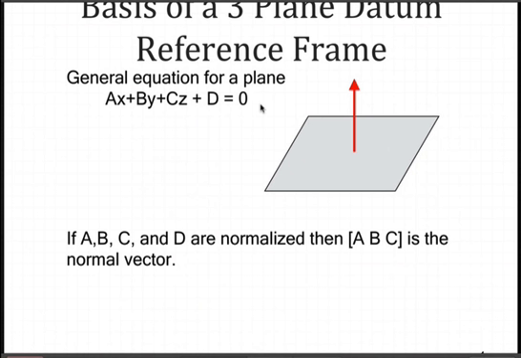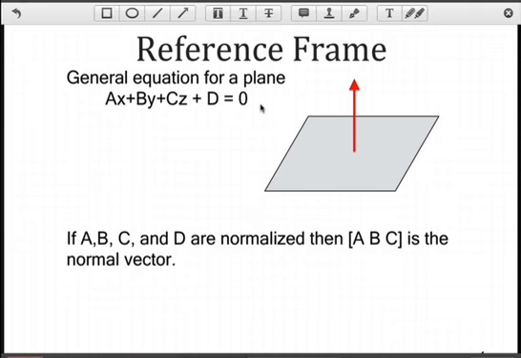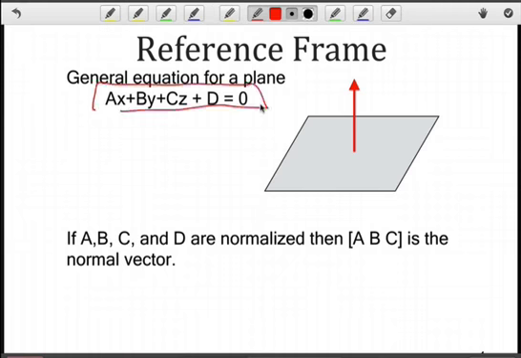So when we constructed from three planar surfaces our reference frame in the previous discussion, what we were doing is geometrically describing a plane, and as you know, the general equation for a plane looks something like this: ax plus by plus cz plus d equals 0. Now, if I look at the coefficients of a, b, and c, they represent the direction vector of the plane.